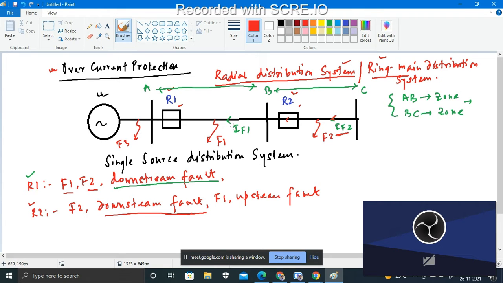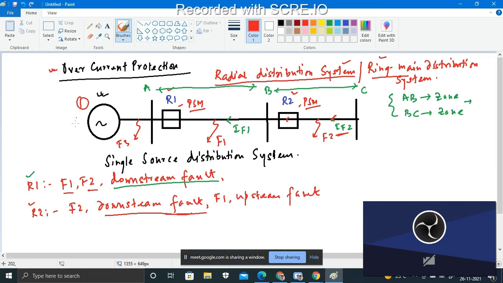Depending upon the selectivity of a particular fault, we have to decide which type of relay will sense it, and depending upon the relay PSM, the plug setting multiplier of each and every relay, they will select which fault is under which zone. It will detect that fault, respond to the circuit breaker, and the circuit breaker will act accordingly.